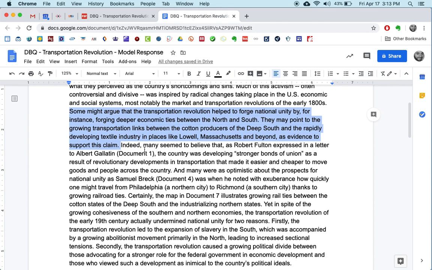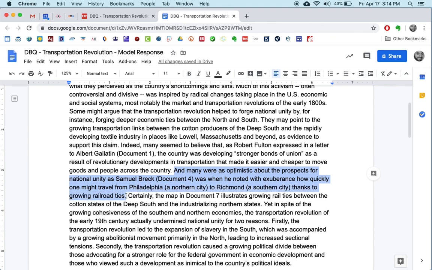I move on to the second one. So I described it. Robert Fulton expressed in a letter that the country was developing stronger bonds of union, and I talk about how it connects to that portion of my essay. I move on to another document. And many were as optimistic about the prospects for national unity as Samuel Breck, document 4, was when he noted with exuberance how quickly one might travel from Philadelphia, a northern city, to Richmond, a southern city, thanks to growing railroad ties.